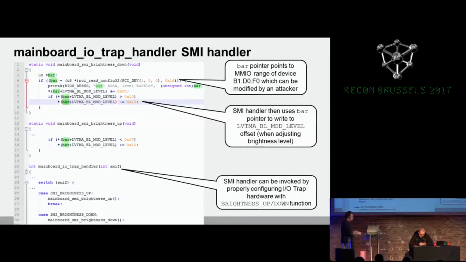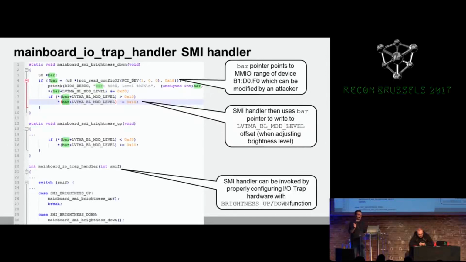And so what this SMI handler does, it reads an MMIO range base address from device 0 on bus 1 at offset 18 hex. It reads the address, and then it's checking one register. It's called LVTMA BL mode level in that MMIO range.